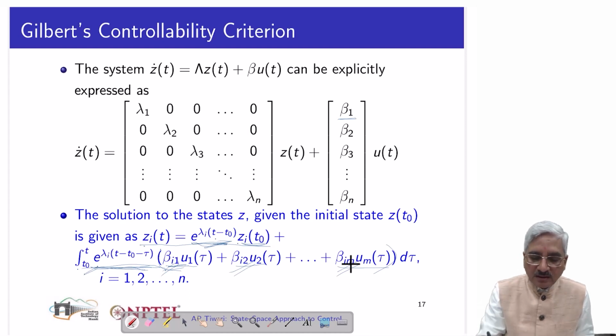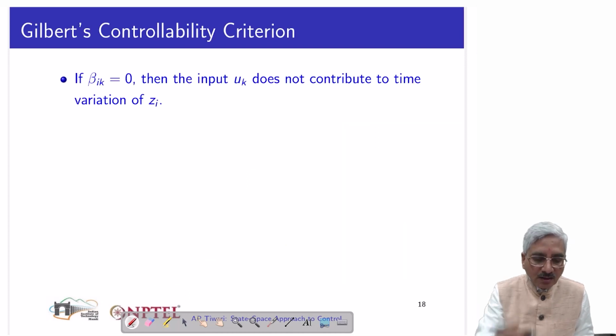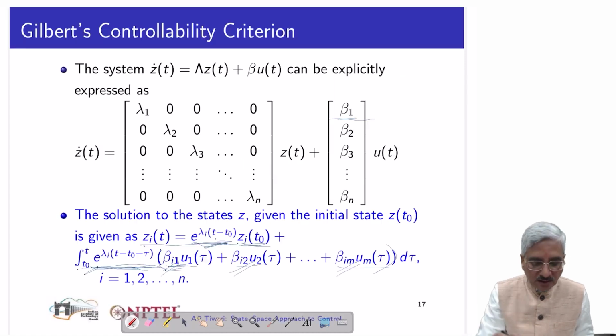Now what does it mean? That input is not reaching the corresponding solution. That contribution is not reaching. Whatever is left is only this much. That input contribution is not reaching, and obviously that state transfer cannot be achieved.